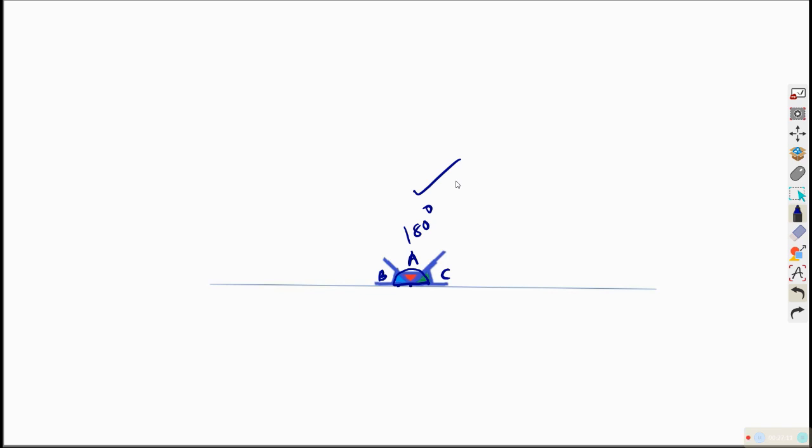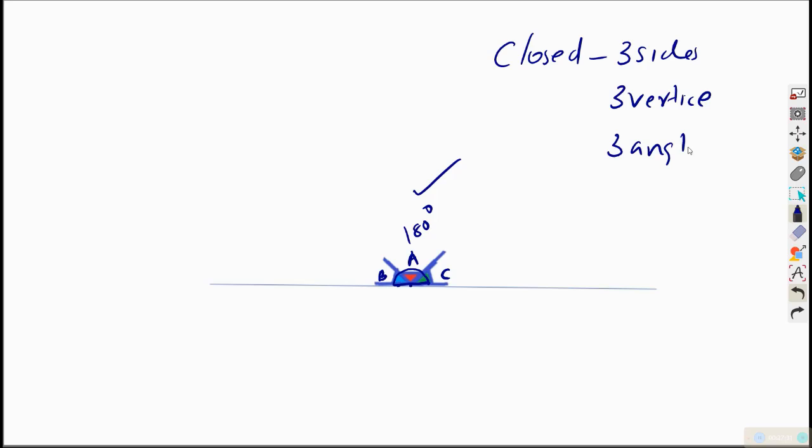Okay, my dear students, so certain properties you studied today. First thing you studied was that the triangle is a closed figure having three sides, three vertices, and three angles. Triangles can be classified into three types depending upon sides, like equilateral, isosceles, and scalene.